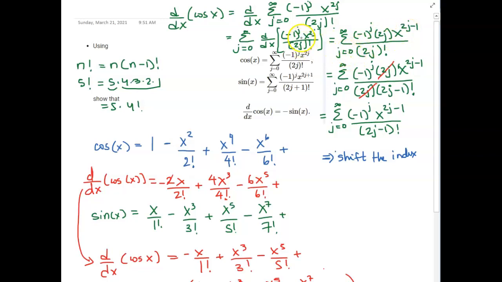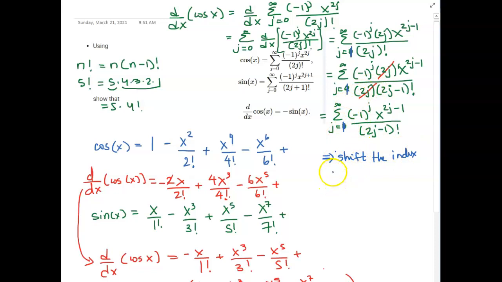Because when you take the derivative of this, if you have j equals 0, then the first term is 0, because of that 2j. So you plug in, the first term is 0. So it's not part of the sum anymore. So this really starts at 1. The first term drops out because it was a constant.